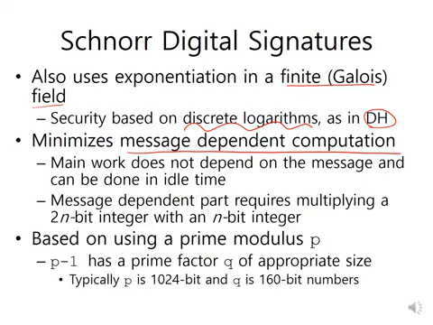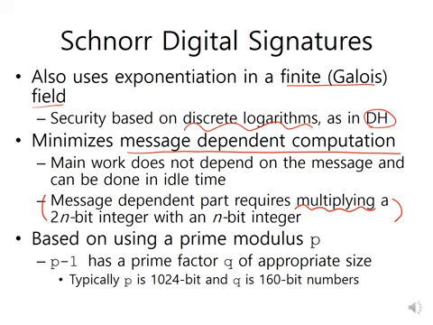Especially, the message-dependent part only requires some simple multiplication, multiplying a 2n-bit integer with an n-bit integer. So this is the only message-dependent part. Before generation of this signature, we can pre-calculate any other part. So this is one of the advantages of the Schnorr digital signature.